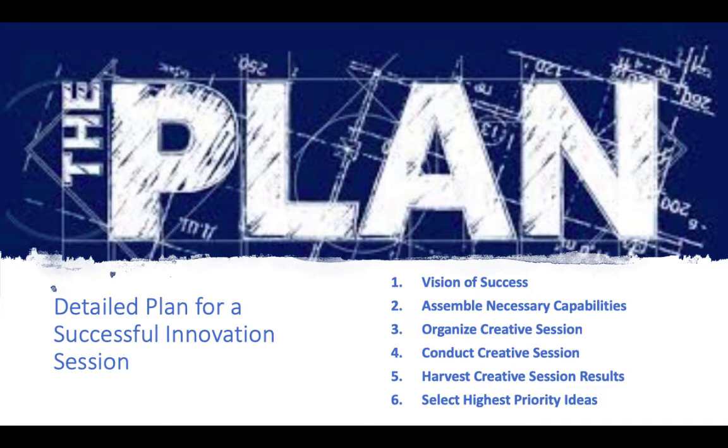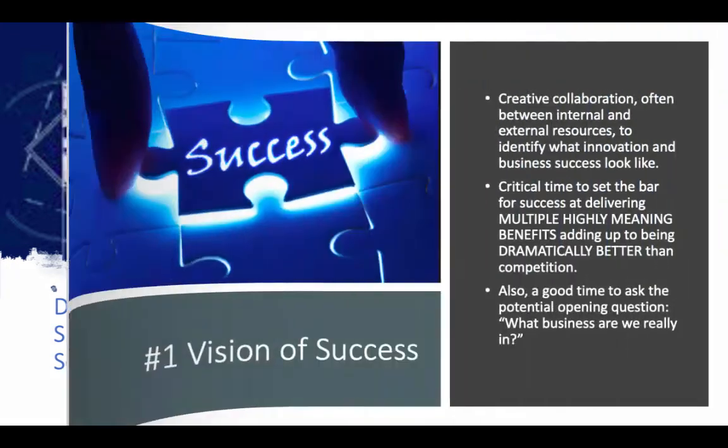You need to be able to stand in front of a creative group and say, hey, this is where we're going and what we need. Next, assemble the necessary capabilities, organize and conduct the creative session, harvest results, and select the highest priority ideas. So let me give you a little bit more insight into each of these.